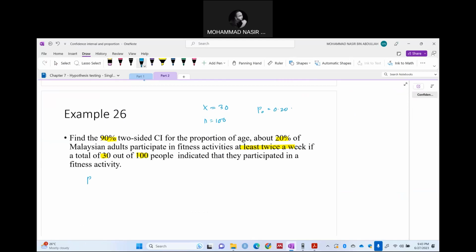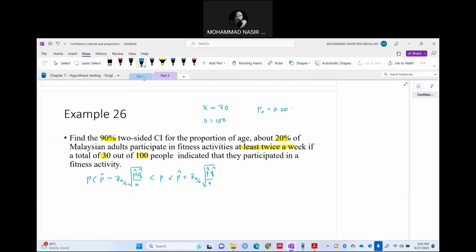So the 90% confidence interval is p hat minus Z alpha divided by 2 times the square root of p hat q hat over n, to p hat plus Z alpha divided by 2 times the square root of p hat q hat over n.